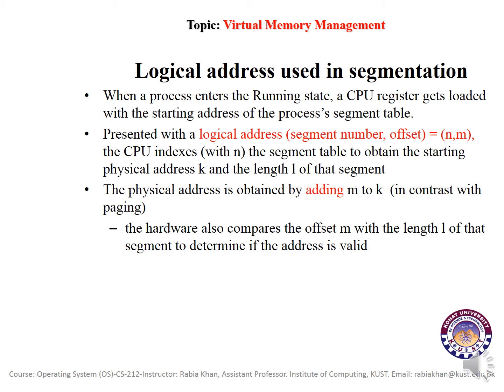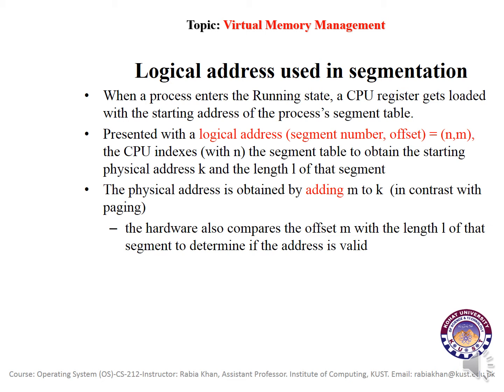The information includes the respective segment number and the offset within that segment. This constitutes the logical address. Offset here represents the relative address or distance of the instruction from the start of the segment.